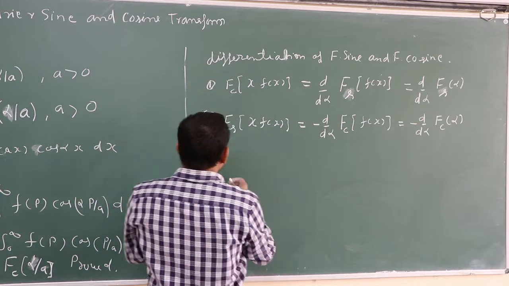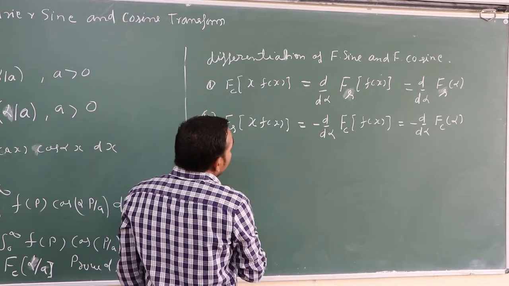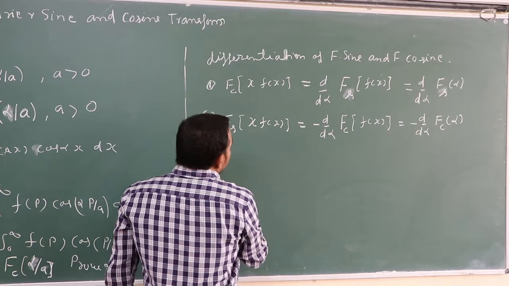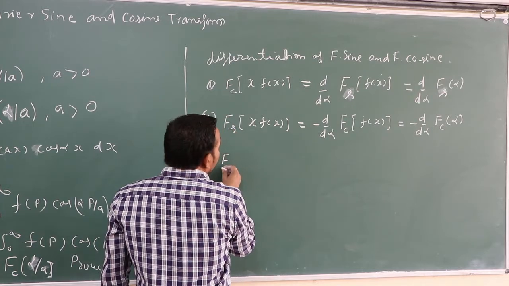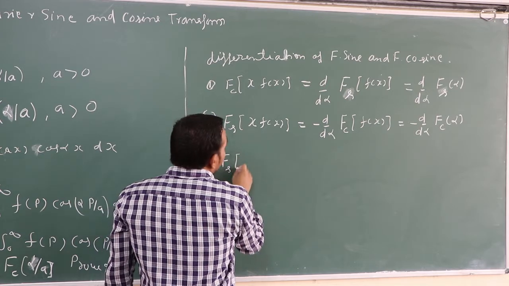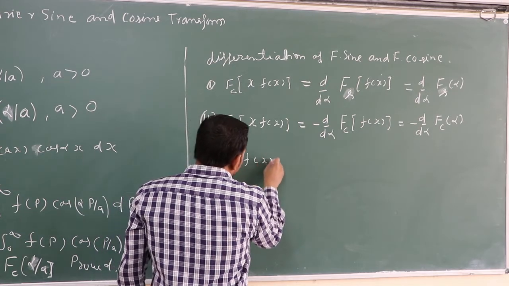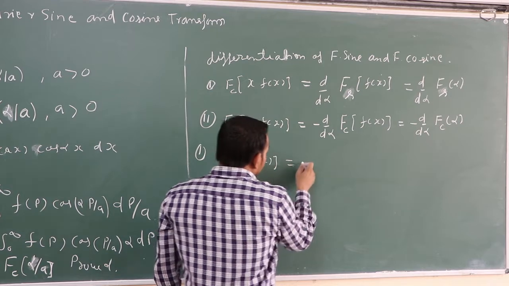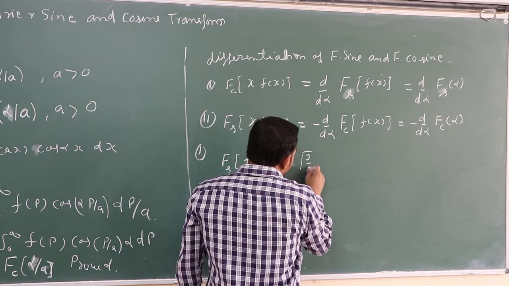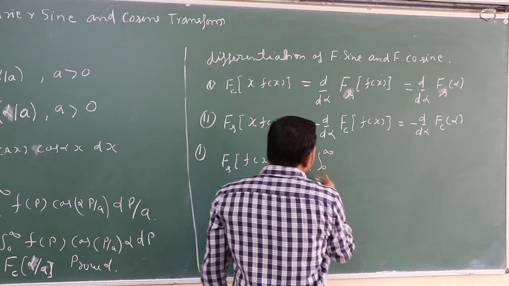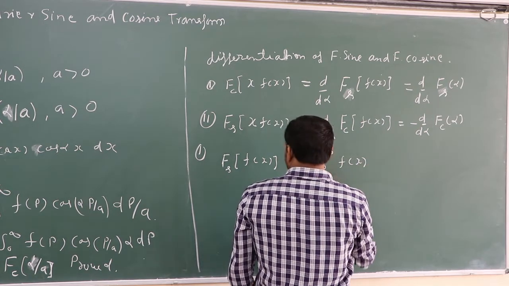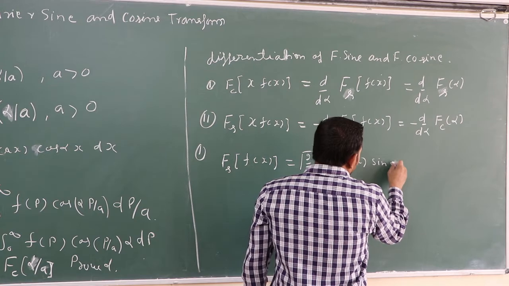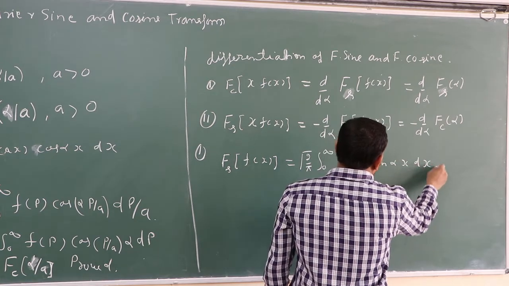As we know, the Fourier sine transform of f(x) equals root 2 upon pi integral 0 to infinity f(x) sin alpha x dx.